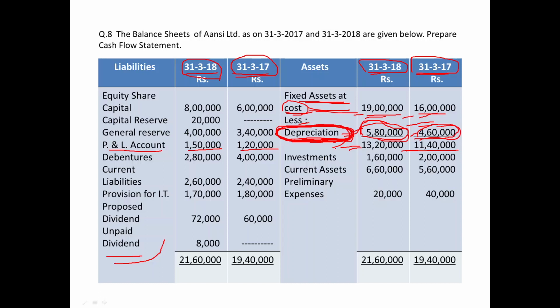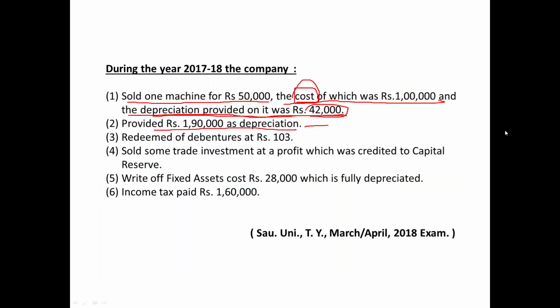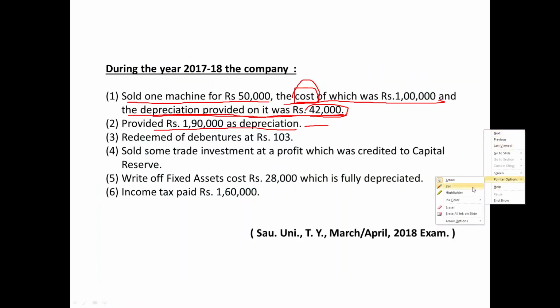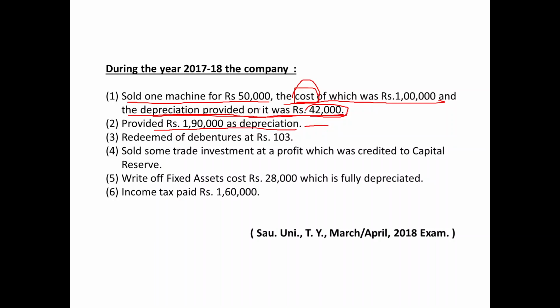So be careful. I hope it would be very clear now in your mind that the company follows the depreciation fund system. Let us verify that point number 1 and 2 once again. Considering the depreciation fund system, sold one machine for rupees 50,000.